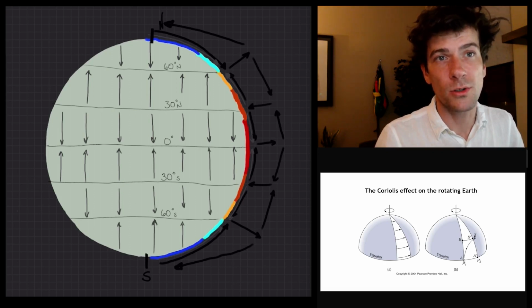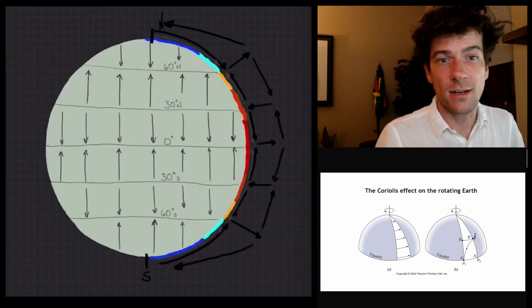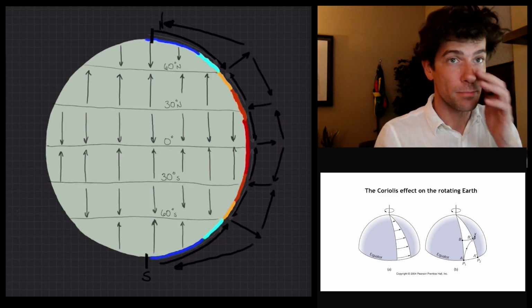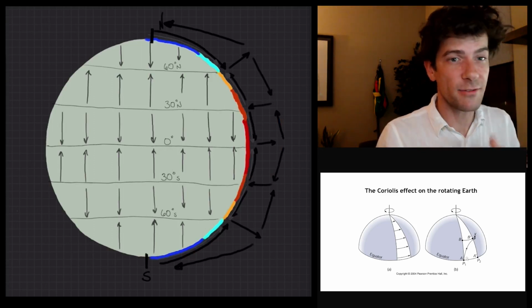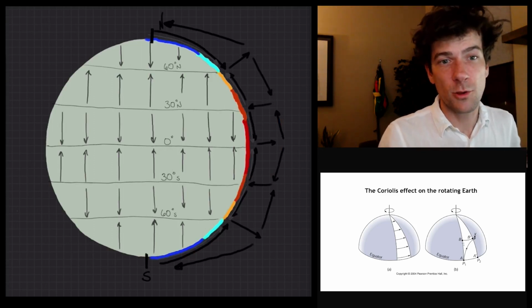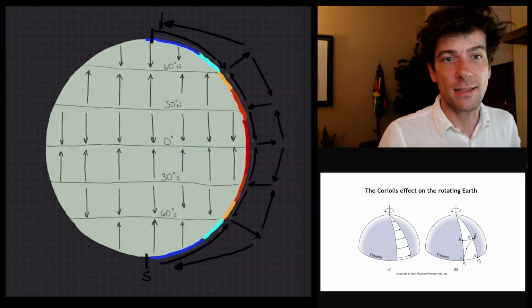That particle is moving at this speed of A, to the east along with it. Over that amount of time, A moves to A prime, and B moves to B prime. But that particle left A moving northward, but also moving eastward. And so when it arrives at the latitude of B, it actually misses B. It goes out here to the right.